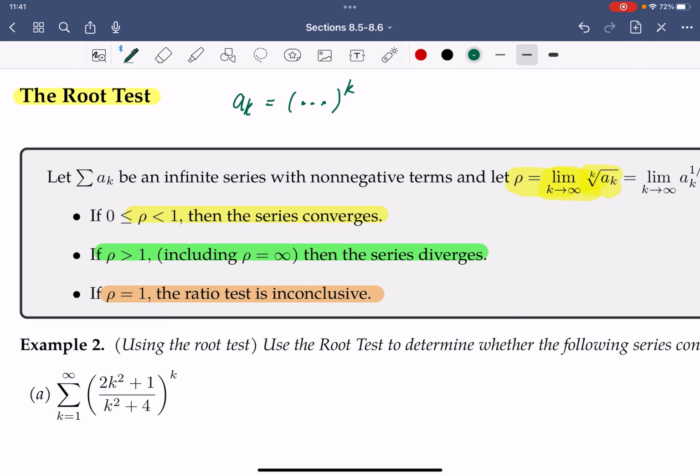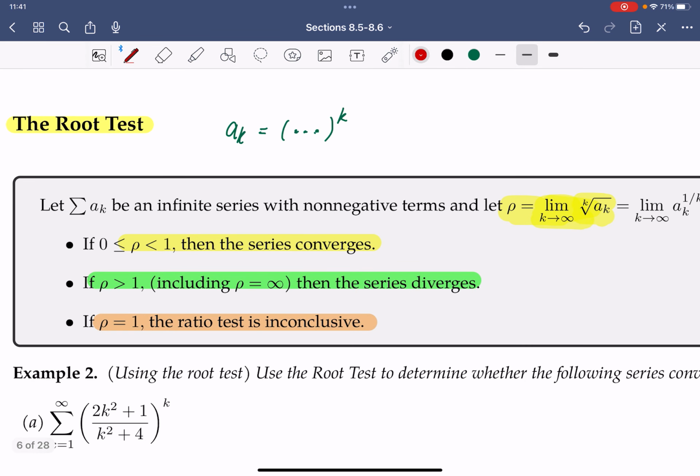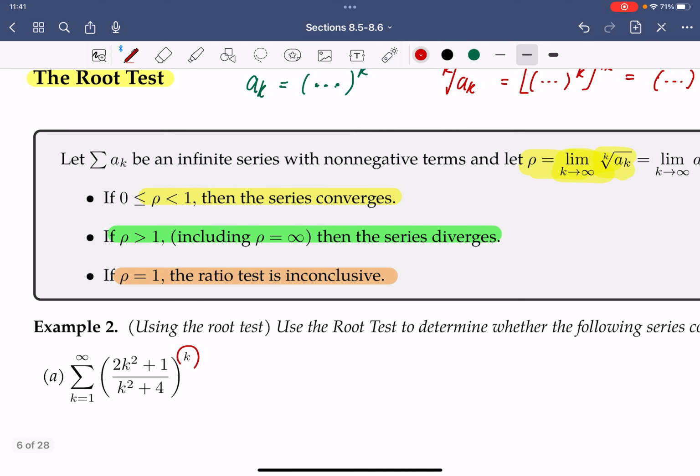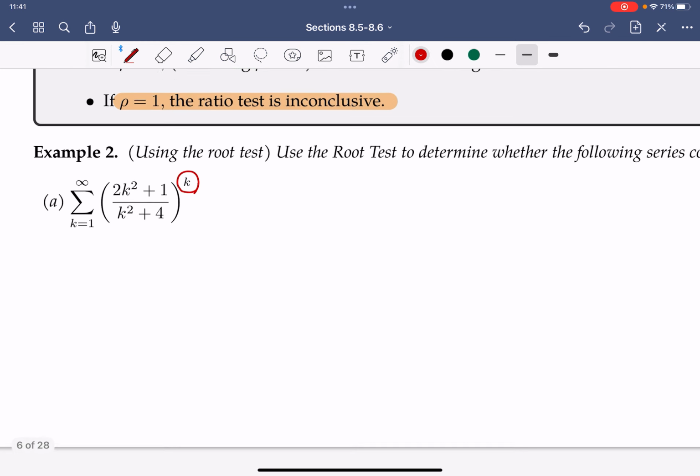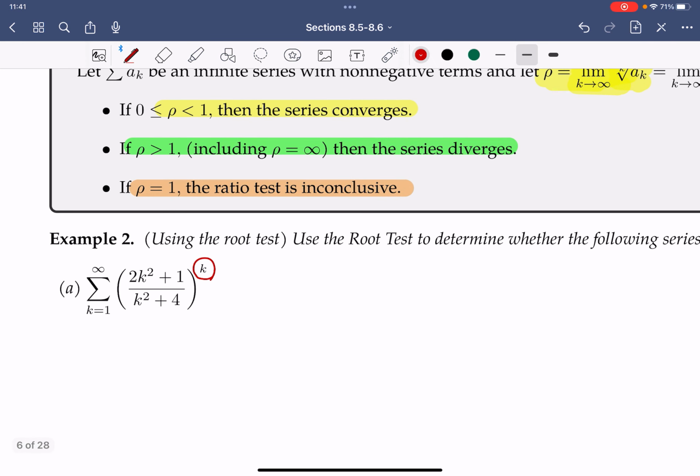This is the best way to use the root test, because when you apply it, a_k to the 1 over k gives something to the k to the 1 over k, so k and 1 over k cancel out, and you get only the something inside. So every time you see a series with something raised to the k power, always use the root test.